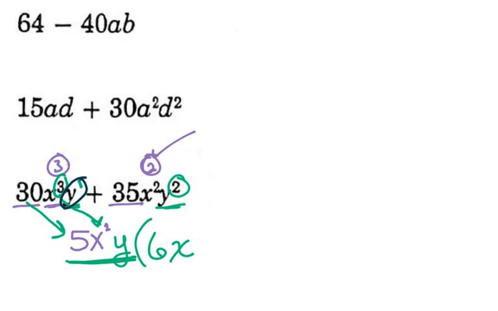So then I bring down my plus, then I start over using my 35. So I take 35 divided by 5, which is 7, and it goes in the parentheses after the plus. I have 2 x's, and I take away 2 x's, so I'm left with nothing there. I have 2 y's, and I'm taking away 1 y, so I'm left with a y.